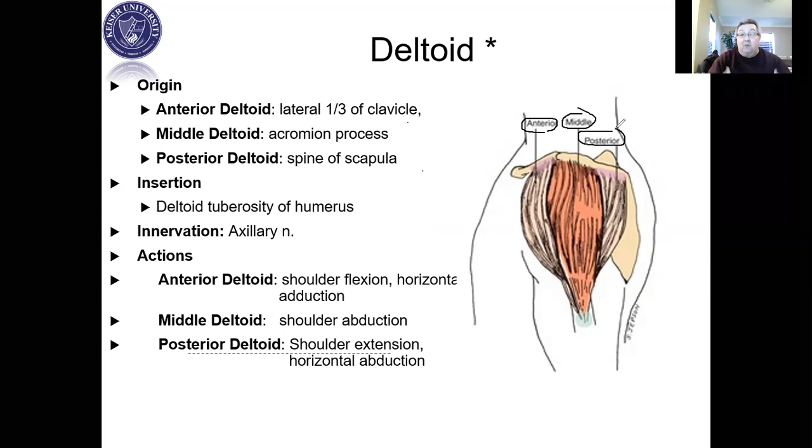Now, like I've said a couple of times before, you're going to see on your flashcards and a lot of other material, other actions of these specific parts of the deltoid. I want to break this down and make it easier and easier to study. The national exam is not going to ask for the middle deltoid and extension, or the anterior deltoid performing abduction.